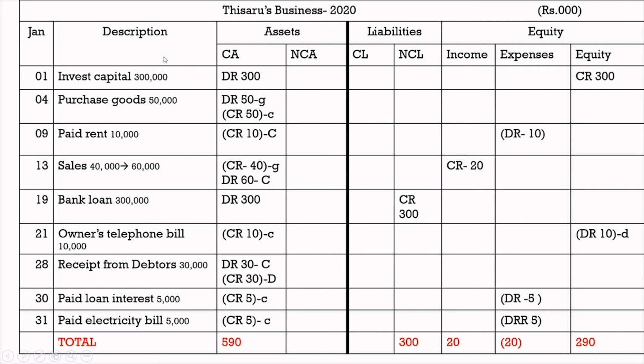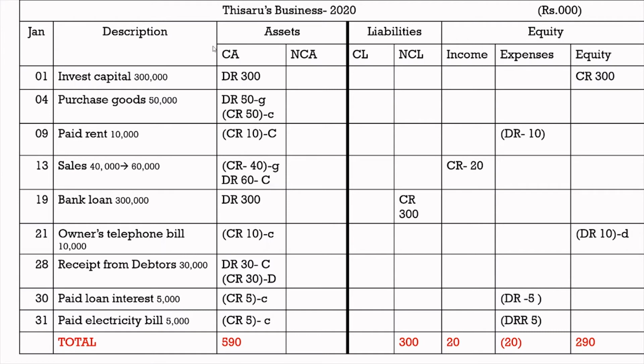And next, paying rent. Paid rent 10,000 rupees. When you pay rent, what happens? It reduces your cash. When an asset reduces, it is a credit value, so we put it as a deduction. That is why I have put all the deductions in brackets. It is also an expense.